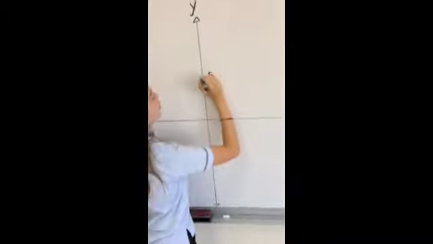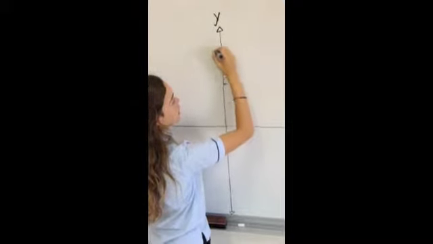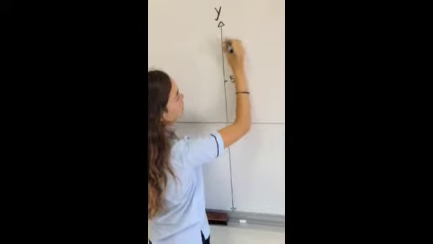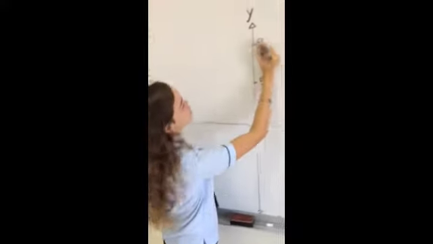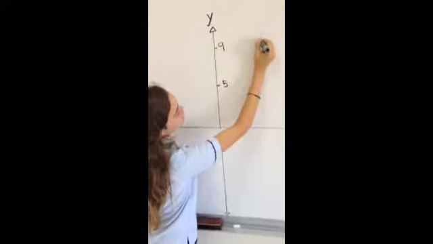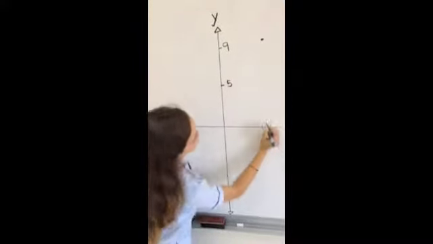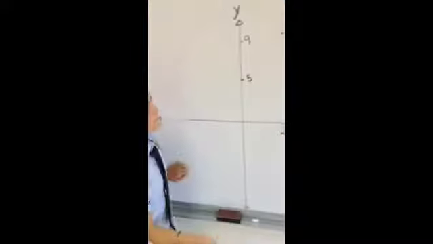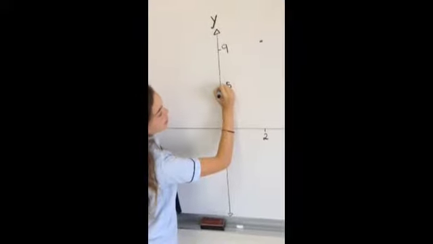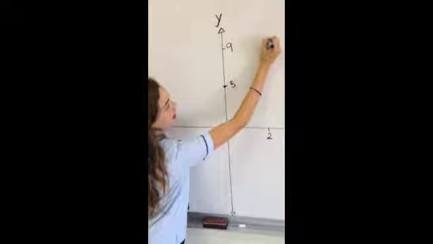So I would have to go 1, 2, 3, 4, which would be positive 9, and across 2, 1, 2. Let's just say about here. So here we would have a positive 2. And here would be our other point on positive 5.